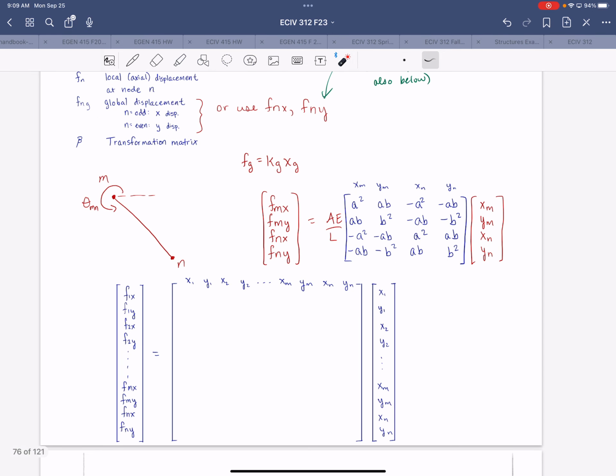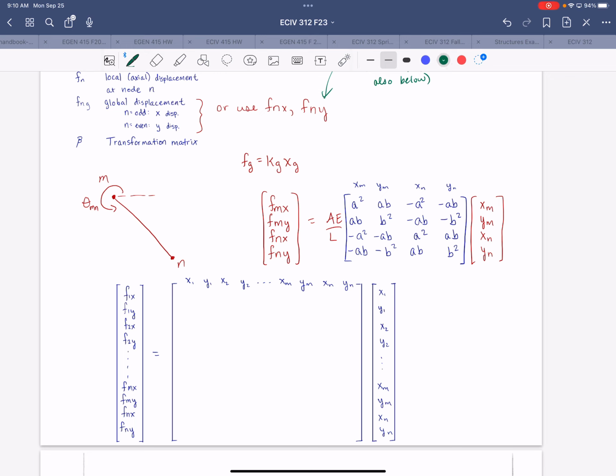All right, so here, just demonstrating using an element between nodes M and N, right? So the angle theta, remember, is measured positive counterclockwise at node I, which just means the lower numbered node, so in this case it would be node M, from the global x, which is always the horizontal, positive to the right, to the local x.